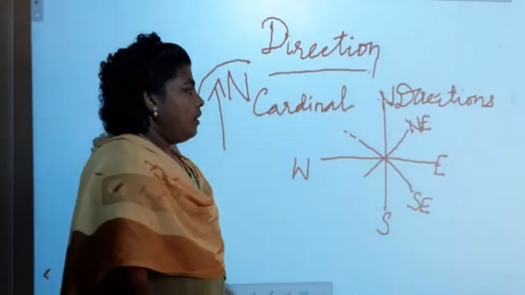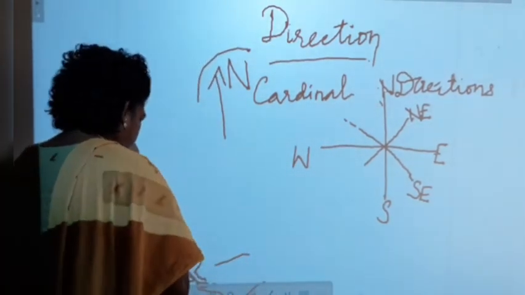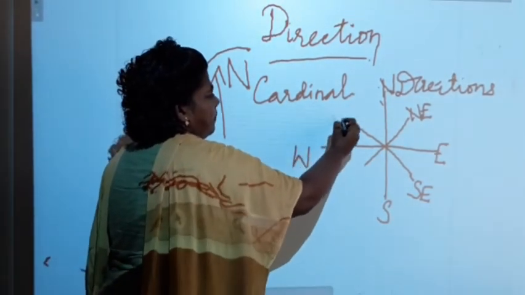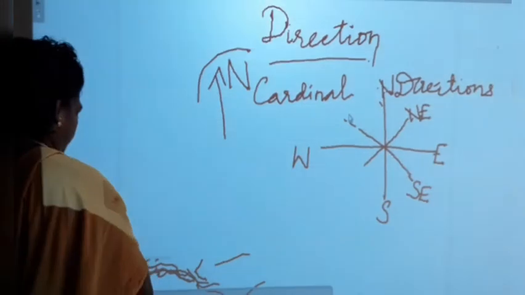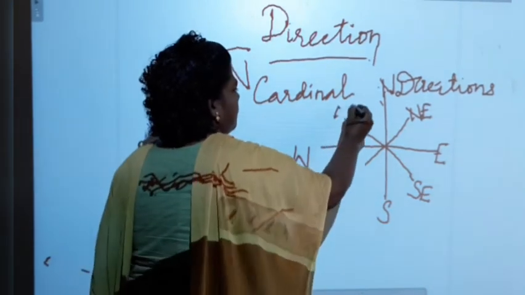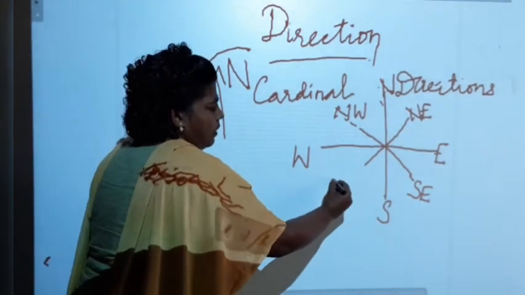Did you understand? Between north and east, what do we call it? Northeast. Between east and south, we call it southeast. Between north and west, we call it northwest. And between west and south we call it southwest.